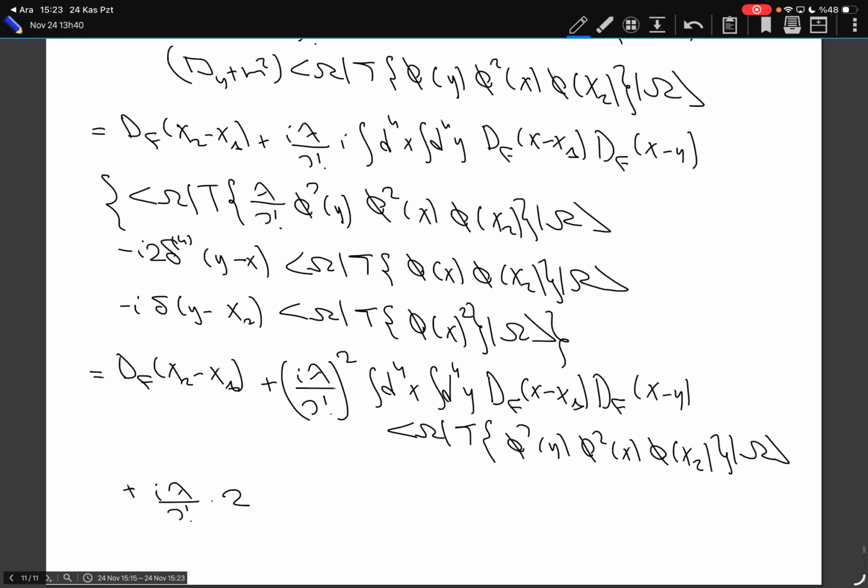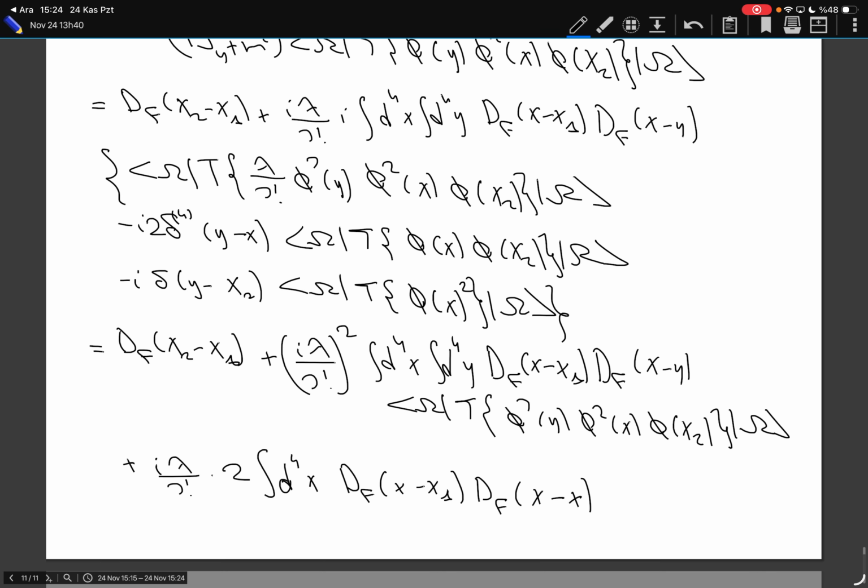i λ over 3 factorial times 2 times, now I can integrate over, let's say, y. If I integrate over y, x remains, ∫ d⁴x Δ_F(x minus x₁) Δ_F(x minus x). This is this one.